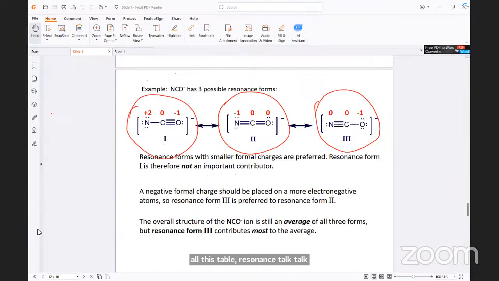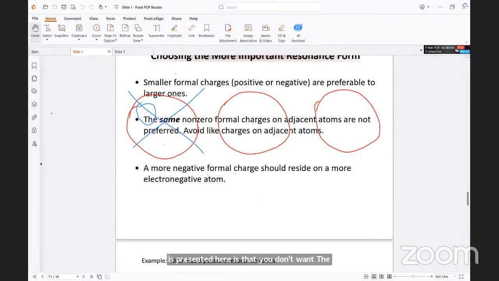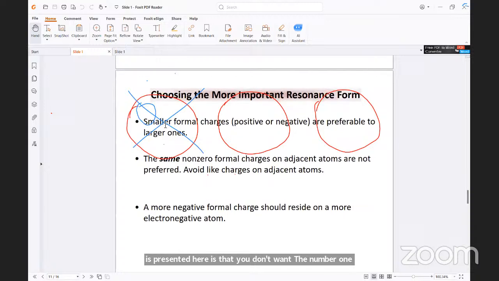Now, this one is out of it. The reason why this is out of it is because of this positive 2. The number one rule presented here is that you don't want big formal charges.